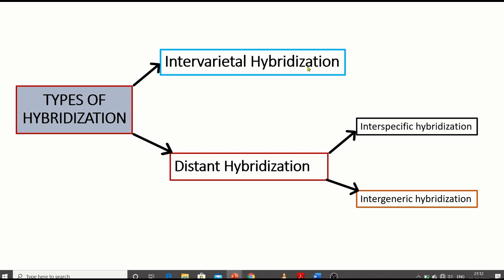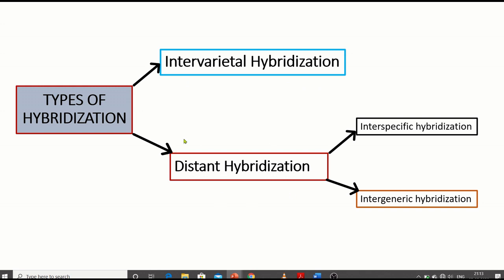Otherwise, if we want to cross between two different species, it will be challenging. It needs high-end equipment, such as biotechnological tools, which have to assist when we go for distant hybridization.